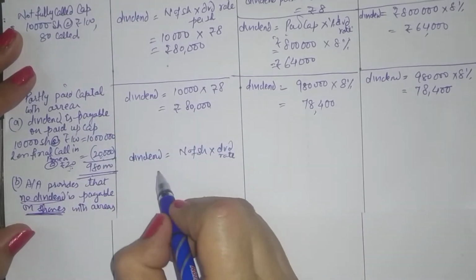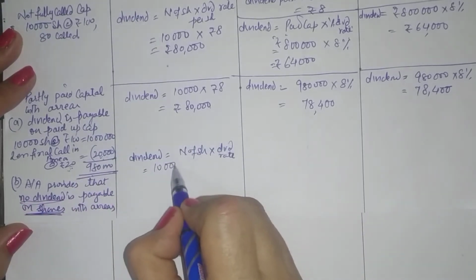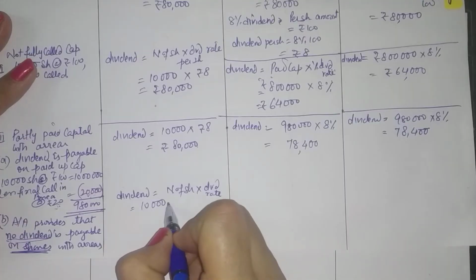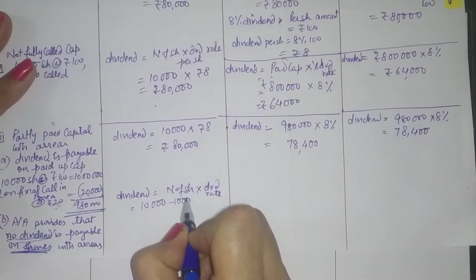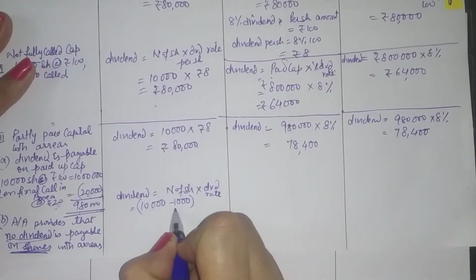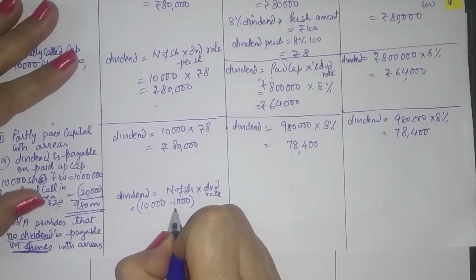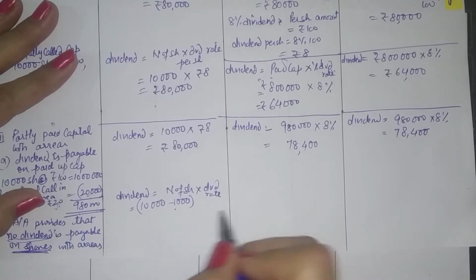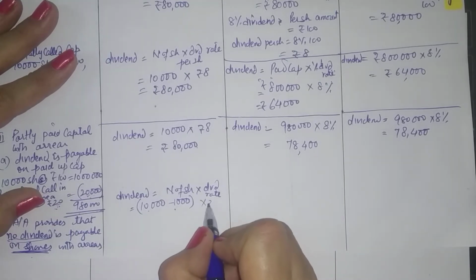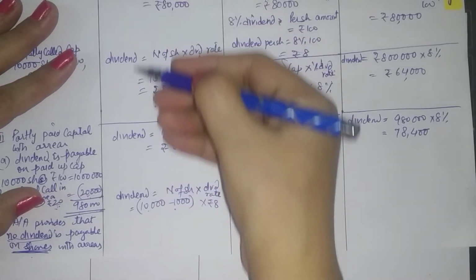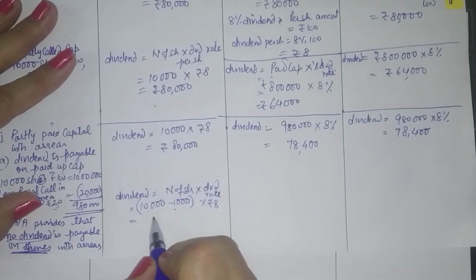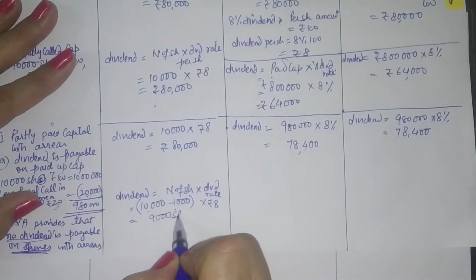So out of 10,000 shares, 1,000 will be deducted, because these are the shares on which you have arrears. So herein we are not to pay dividend on the shares with the arrears. So the company will pay dividend at the rate of 8 rupees, following the same question, but now on 9,000 shares.